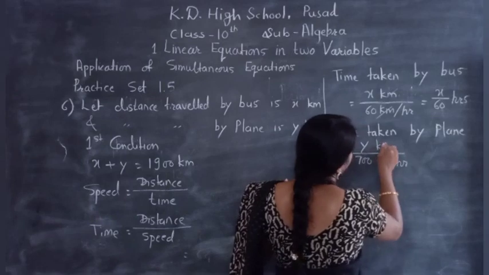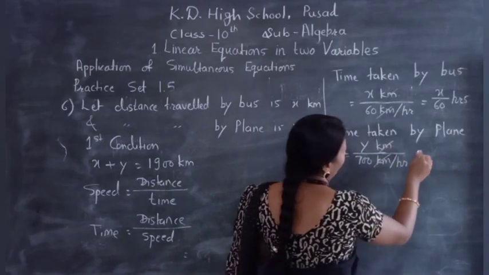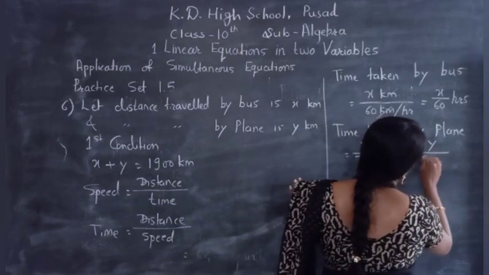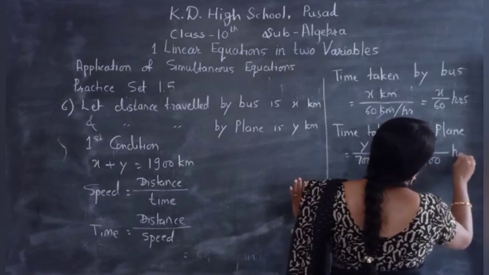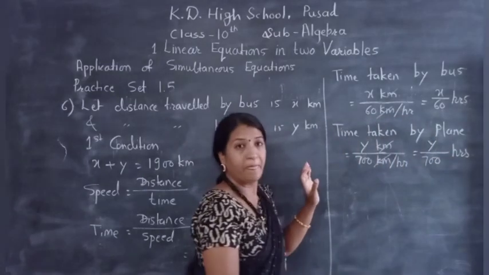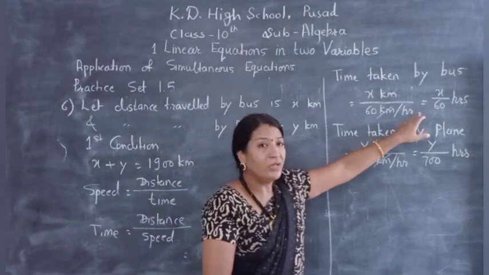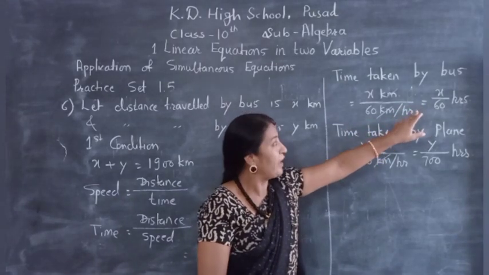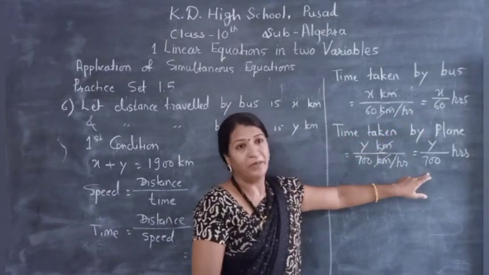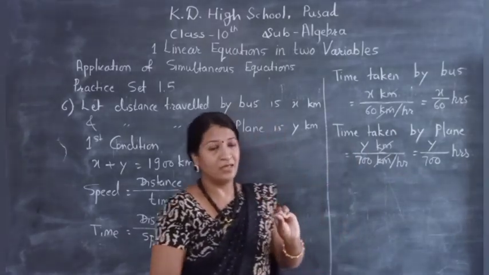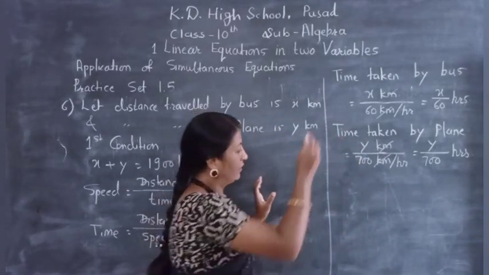Again this kilometer gets cancelled, and we get y upon 700 hours. But the total time taken to travel by bus and plane is 5 hours. It means we can add for this second equation.